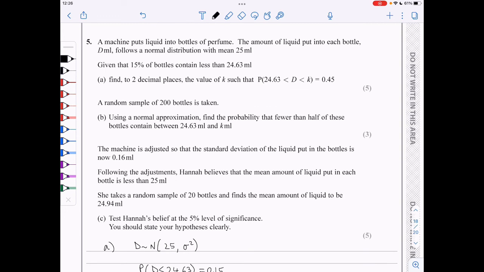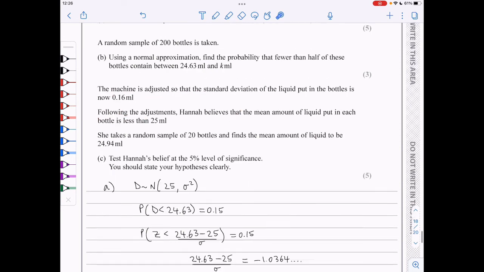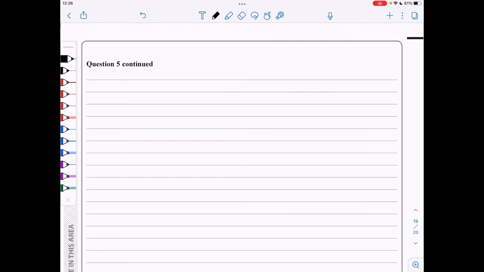Part B, we've got a random sample of 200 bottles taken, and using a normal approximation, we need to find the probability that fewer than half of these bottles contain between 24.63 and K ml. So my random variable now will be X, defined to be the number of bottles containing between 24.63 ml and K ml.